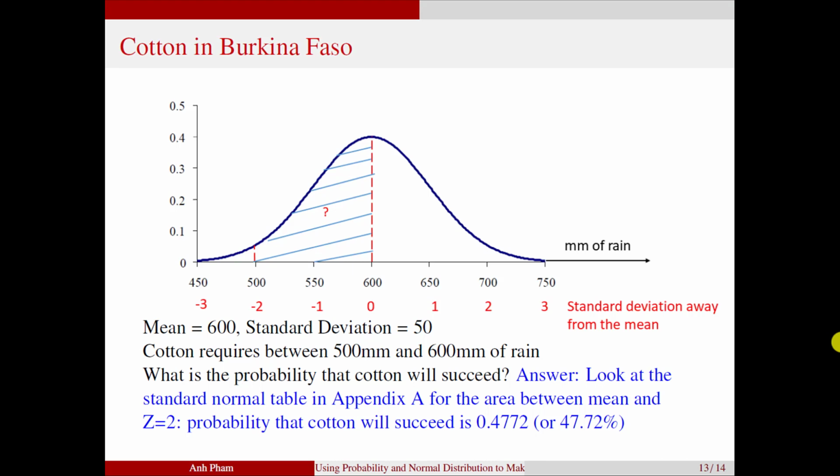This probability is 0.4772, or 47.72%. So the probability that cotton will succeed is 47.72%.